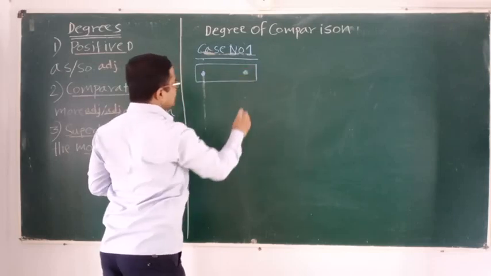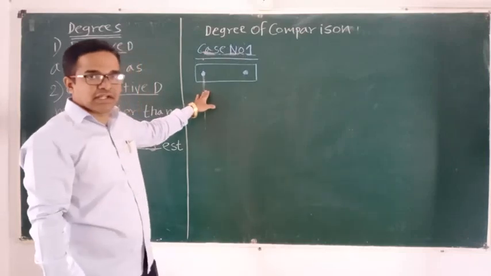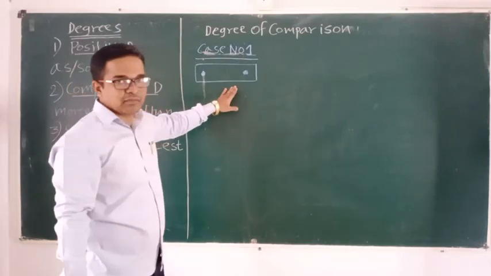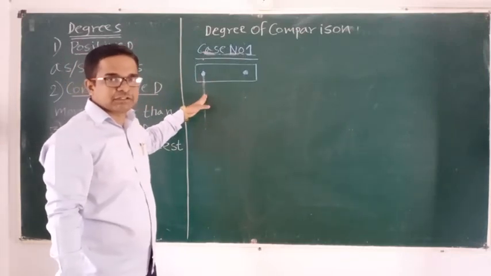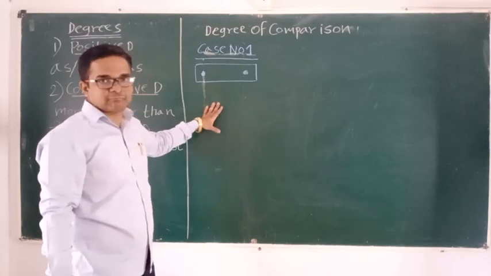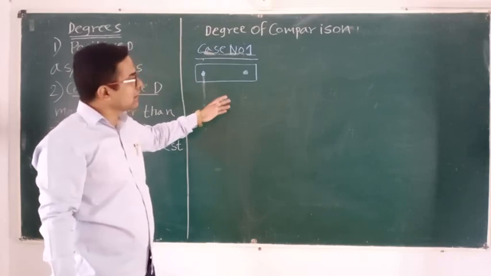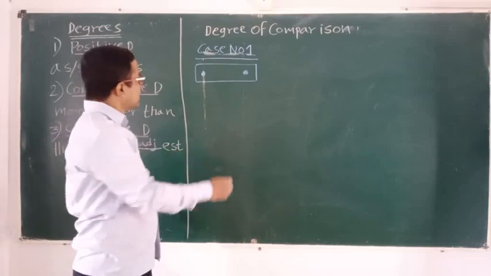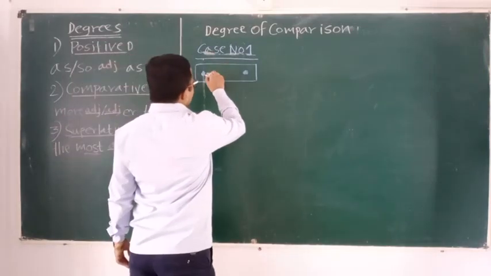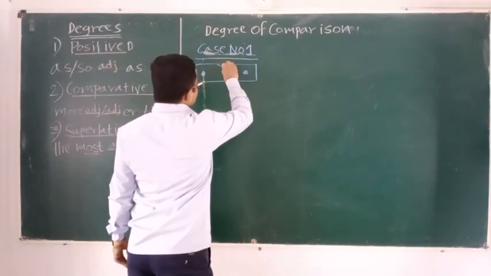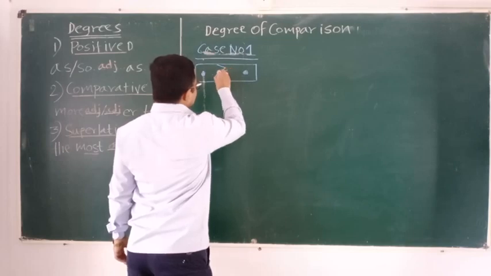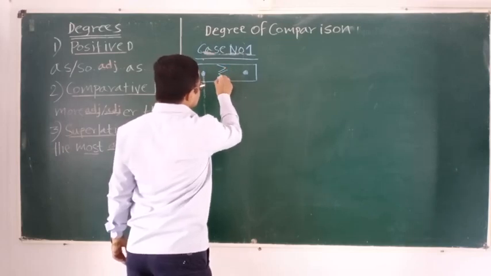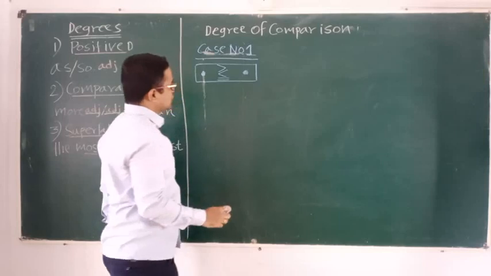These are the two objects. It may be a river, it may be a mountain, it may be a person, it may be anything. So greater than, less than, and equal to.